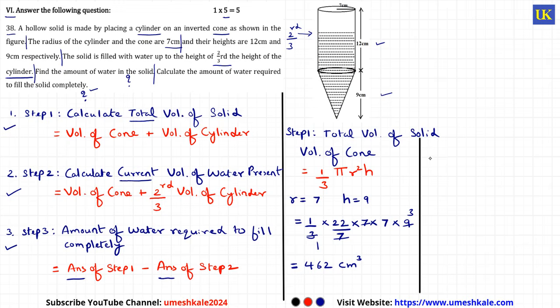Okay, now so this is step 1. Now we'll find volume of cylinder, because that is what we said here, right? Volume of cone plus volume of cylinder. Cone is what we have found out. Now we'll find out the volume of cylinder.